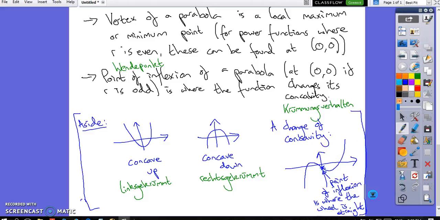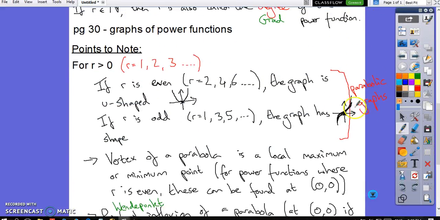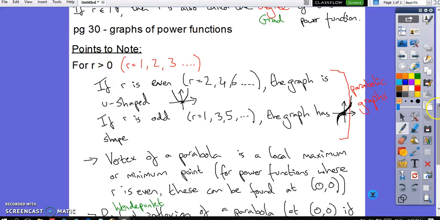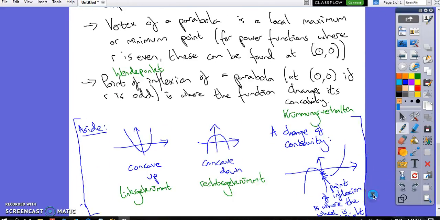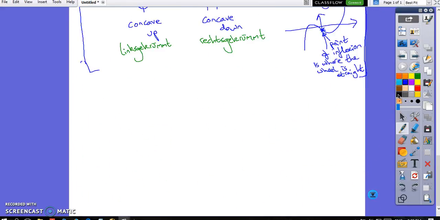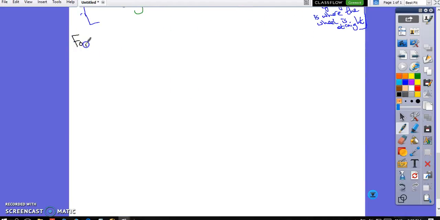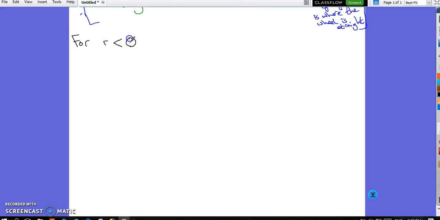So we've noticed now a few things where r is greater than 0, so when r is positive. If r is smaller than 0, however, let's go up a little bit. So for r being less than 0, then we have a few different things to notice. And you should notice that with all of the ones where r is less than 0, we have a very, very different shape to anything we've really seen before.